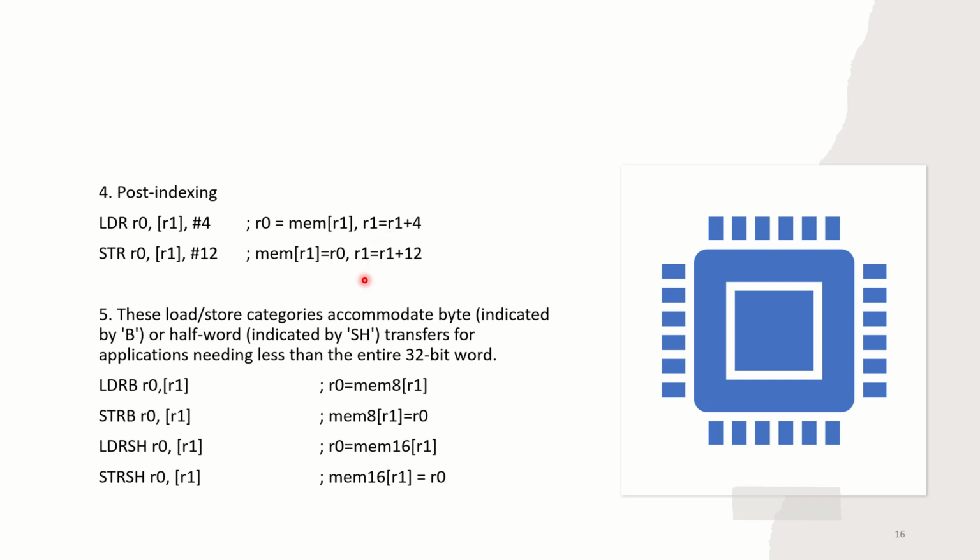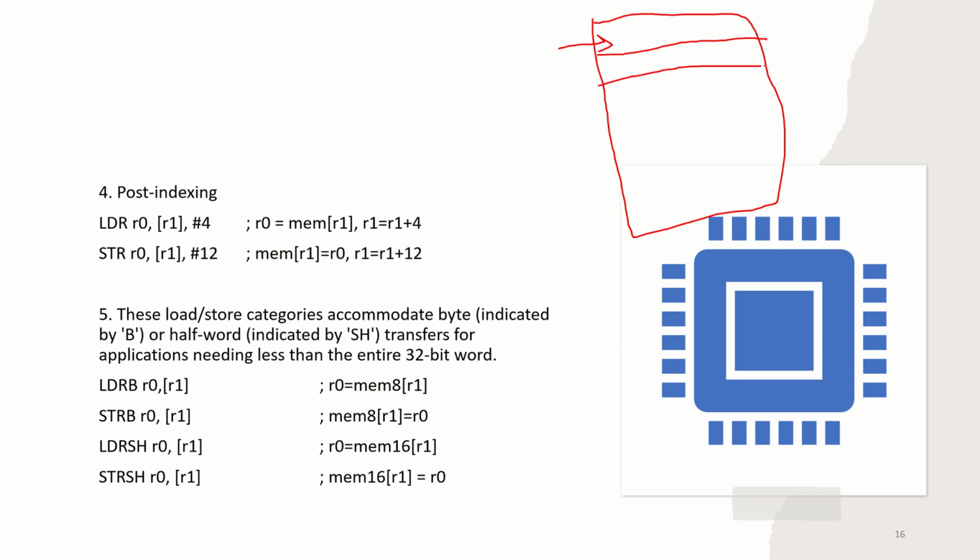Then the fifth way: in ARM, each instruction is a 32-bit word. The word size is 32-bit. What does word mean? Again draw that same memory box. So this is a particular one word, and this is the second word.